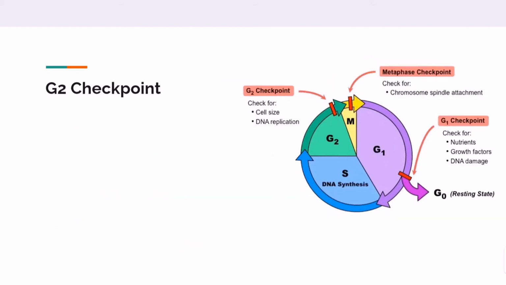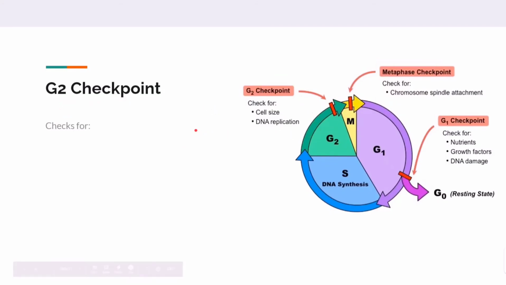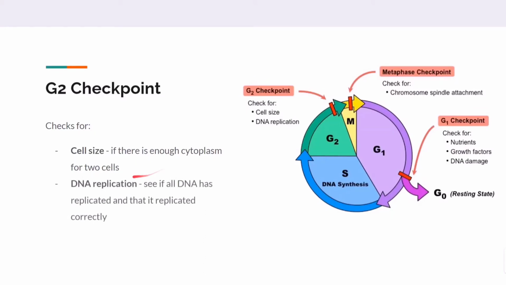And then there is the G2 checkpoint, at the end of G2. Our G2 checkpoint checks for cell size. This is to make sure that there is enough cytoplasm for two cells, so when it goes into mitosis, it has enough cytoplasm to split to make two identical cells to the original cell. It also checks DNA replication.